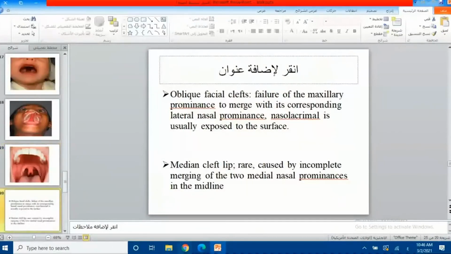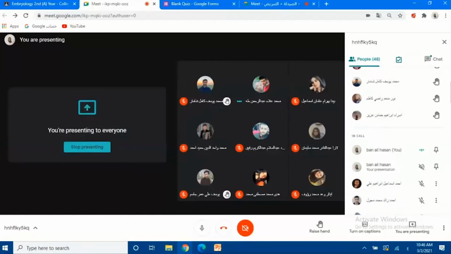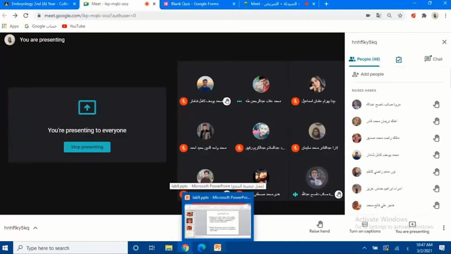Okay, what is the reason for the oblique facial clefts? What causes the oblique facial clefts? Marwa? Yes, answer. The reason is failure of the maxillary prominence. Failure of what?